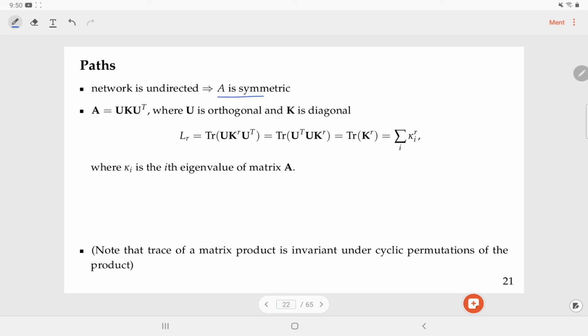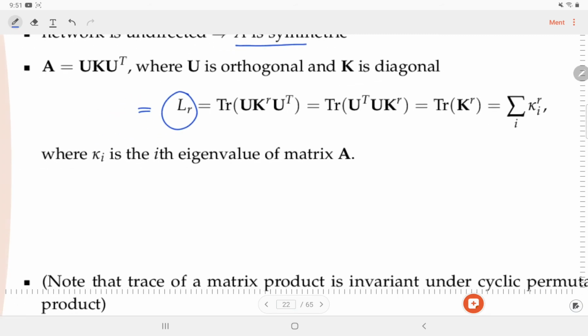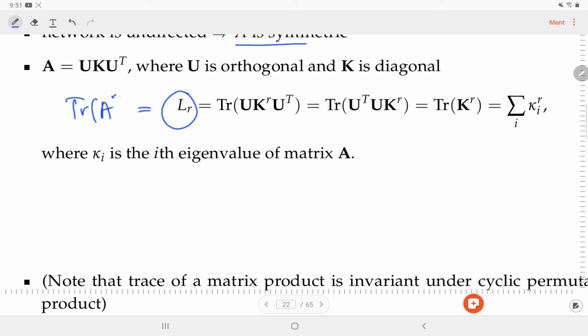Now, with a bit of linear algebra, if you don't get this slide, then don't worry about it. It's just a nice fact that L_r is equal to the trace of the adjacency matrix raised to the power of r.